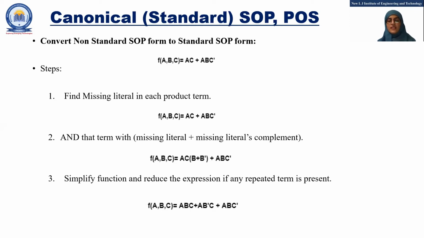So the second step is to AND that term with missing literal plus missing literal's complement. So it will be equal to AC, B plus B prime, plus A, B, C prime. Third step is to simplify the equation. So it will be equal to ABC plus AB prime C plus ABC prime.